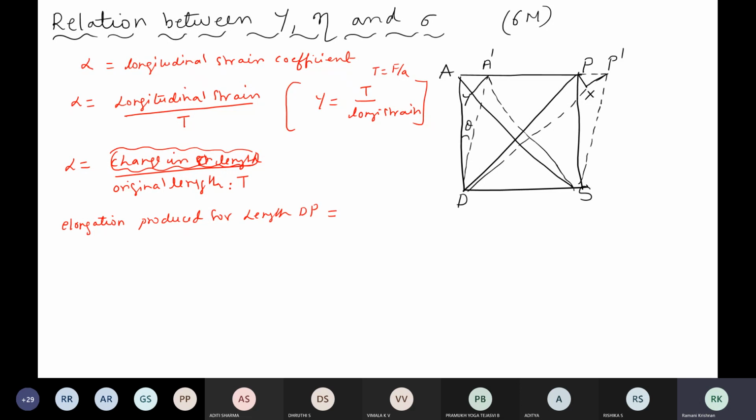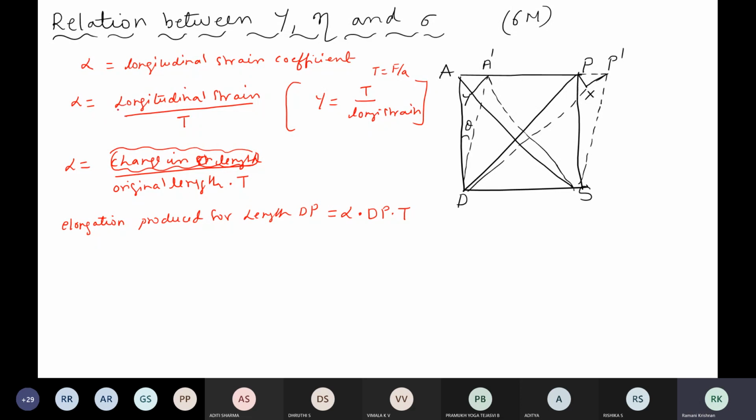From here, I will write it is alpha dot PP dash dot T. If you get up to this, things will be easy. Can you see what I am writing?